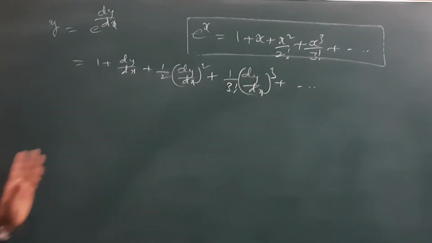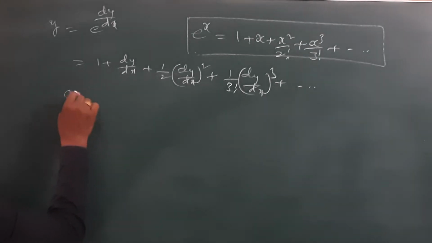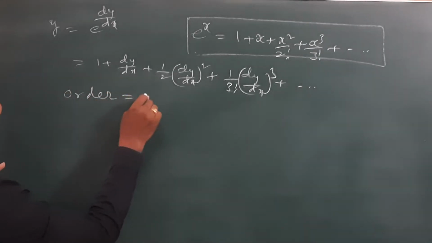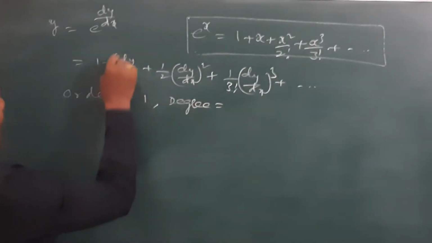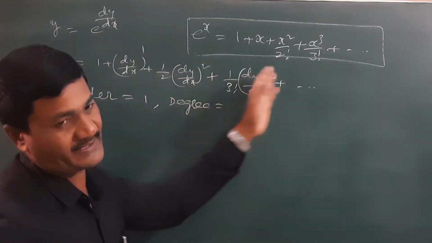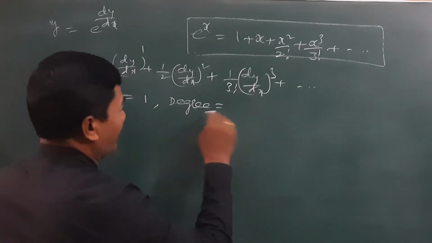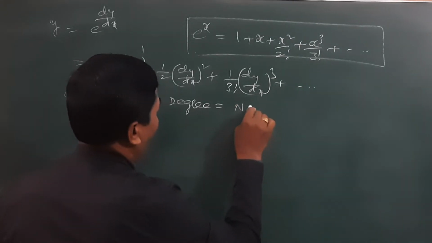Order is 1. The powers here are 1, 2, 3, therefore degree is not defined.